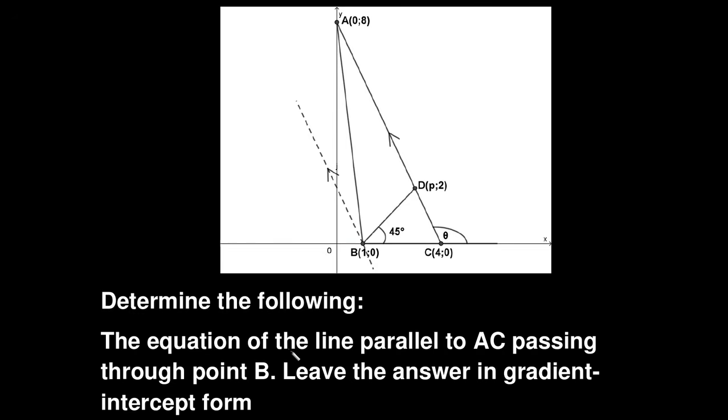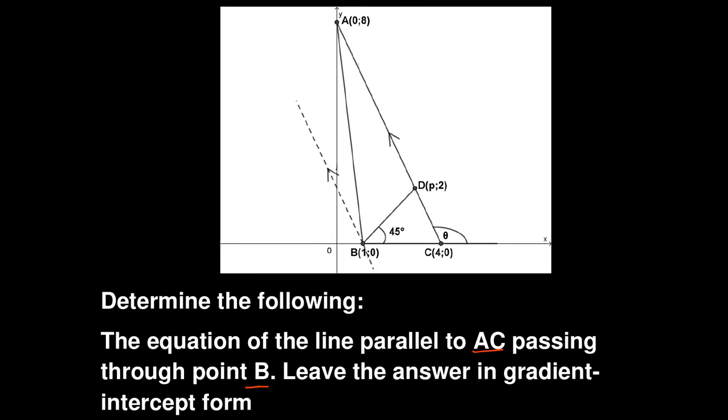They are saying find the equation of the line parallel to AC through point B. I think the line there is parallel through that particular point B. Leave the answer in gradient intercept form. So what do they mean when they say that?